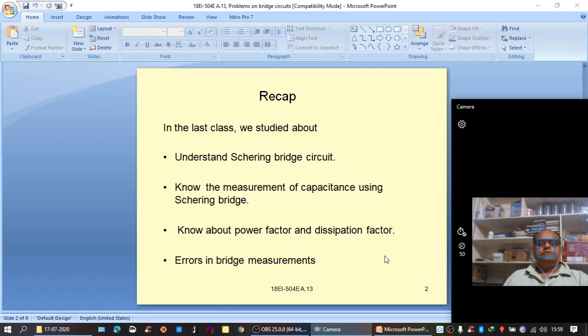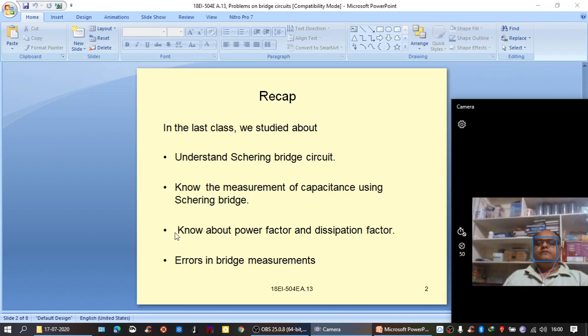Before we go to the present topic, let us recollect what all we have seen in the last class. We have studied about Schering bridge. It is an AC bridge used for the measurement of unknown capacitance in terms of known resistance and capacitances.